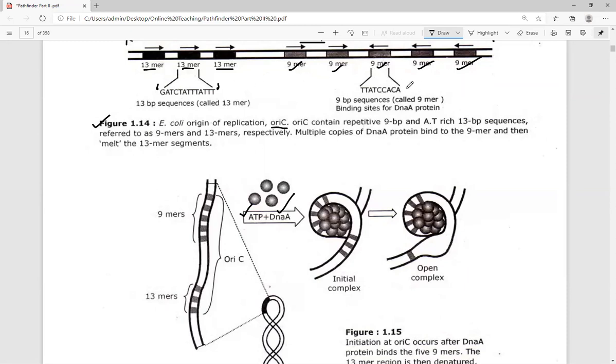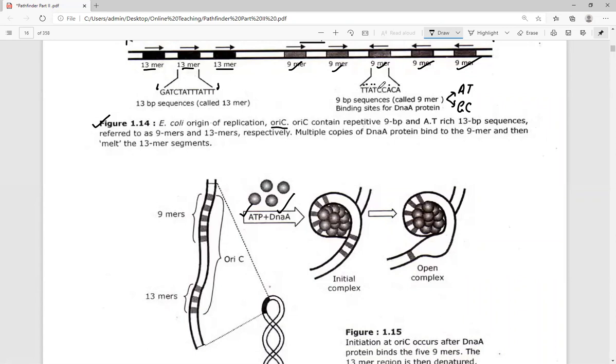In the 9-mer, AT is 1 2 3 4 5 6, and GC is 1 2 3.